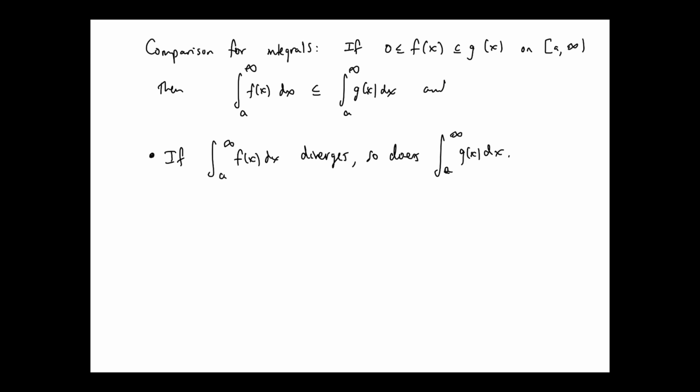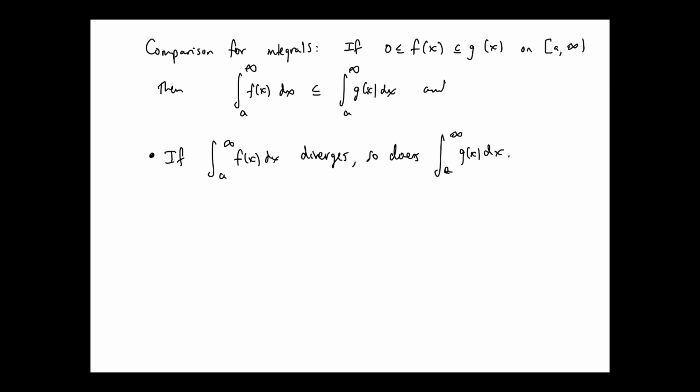So the two functions must be non-negative. And let's just say that f is always less than or equal to g on some interval from a to infinity, whatever a is. Oftentimes that's 0 or 1, but it doesn't have to be. It could be just any constant.